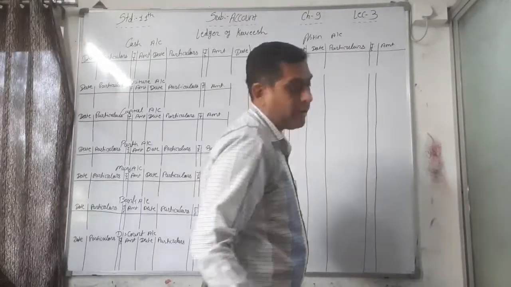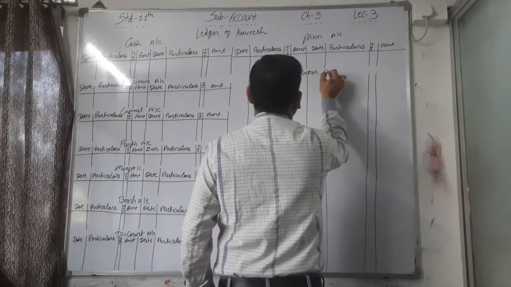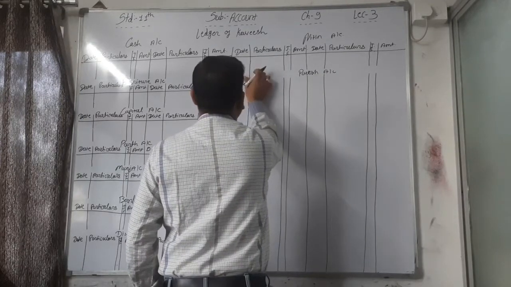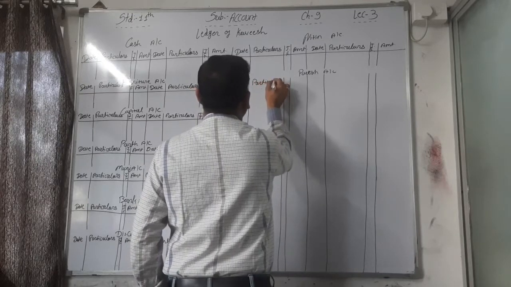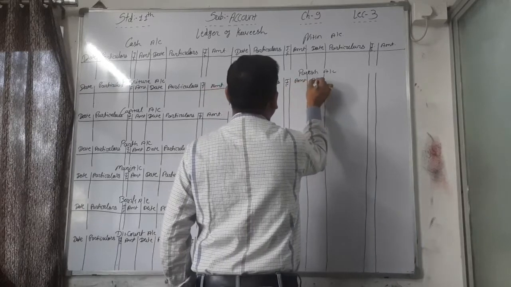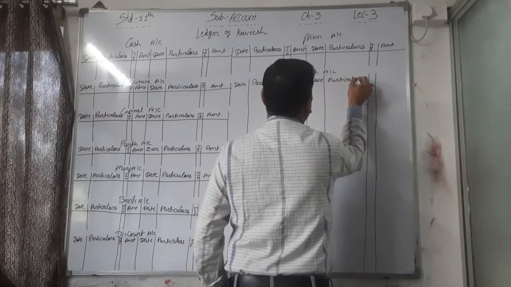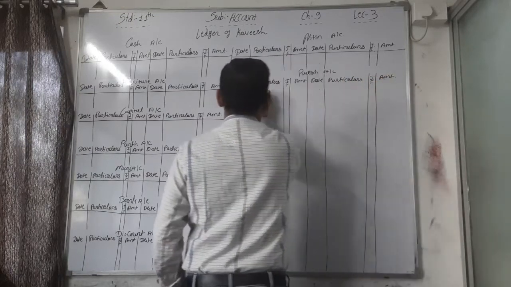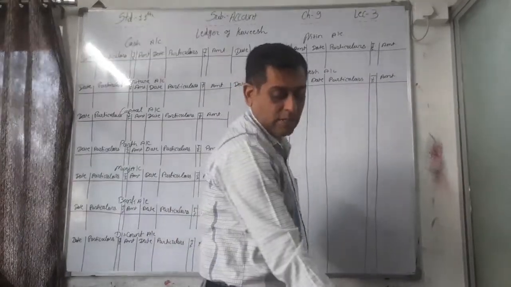Second account is Paresh account. Then sales account.